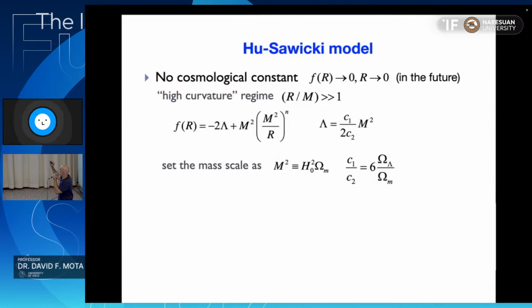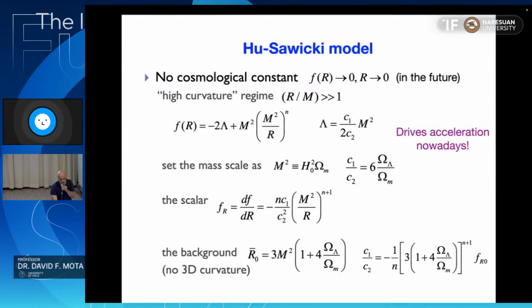So if you do that, basically you can get this f of r model, which looks very strange, to have a chameleon mechanism, so it's not ruled out by local gravity experiments, and at the background level, basically to behave as a model where there is a cosmological constant today that drives the universe acceleration. Okay? So it's a viable model for cosmology.